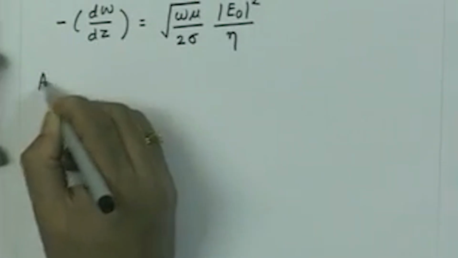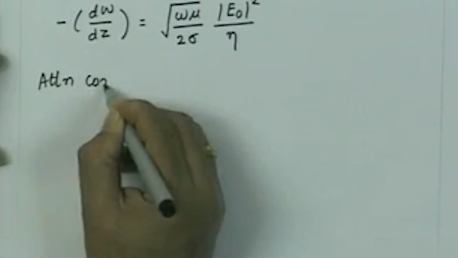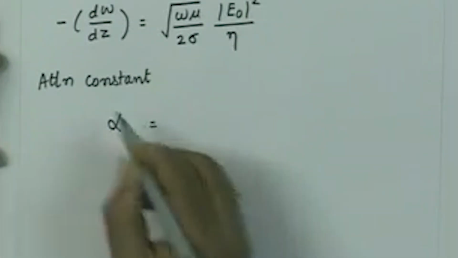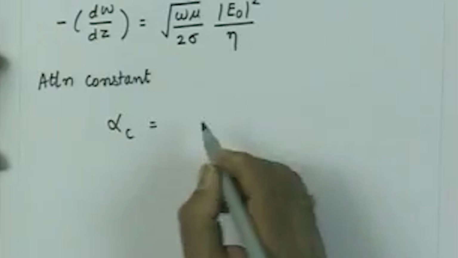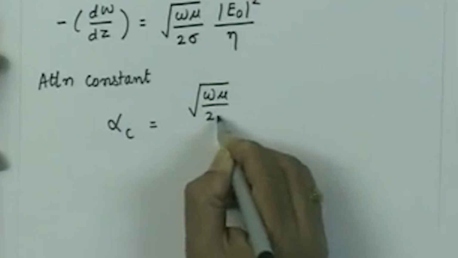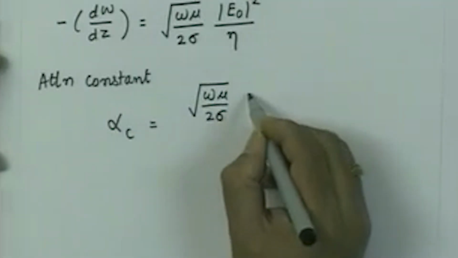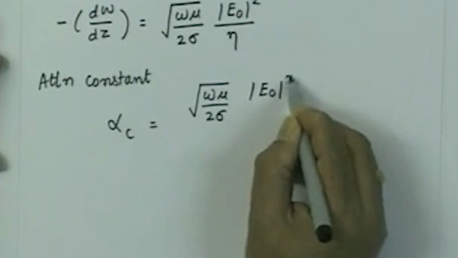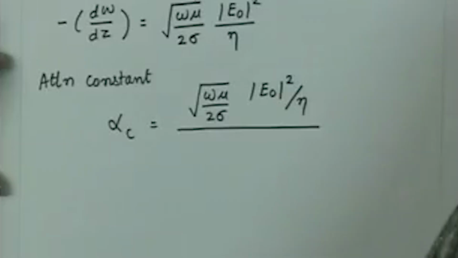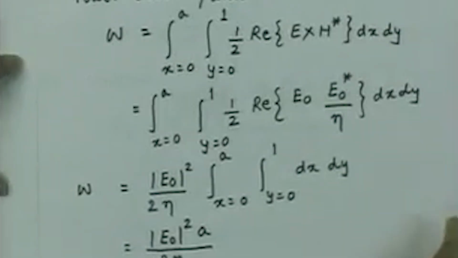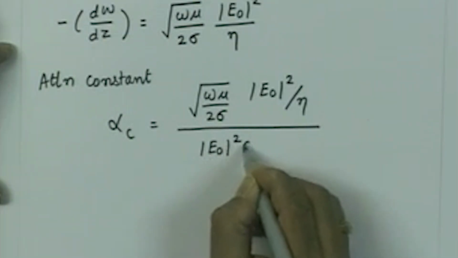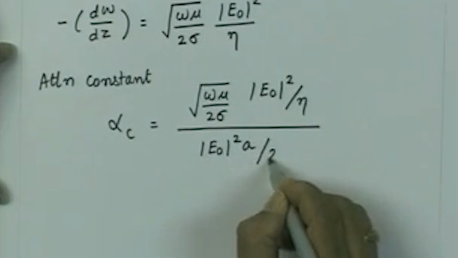So, the attenuation constant for this case, αc, will be minus dW by dz, which is this, square root of ωμ upon 2σ times |E0|² upon η, divided by the total power carried, which is |E0|² a upon 2η.